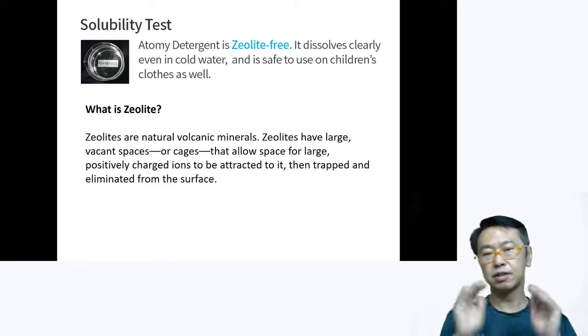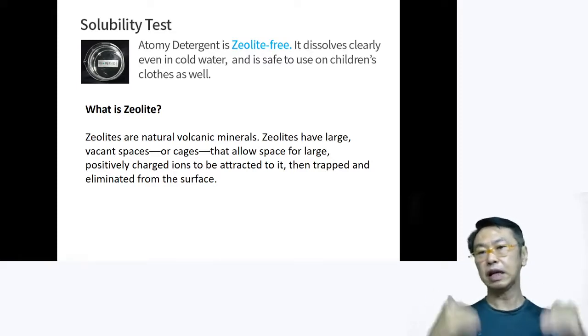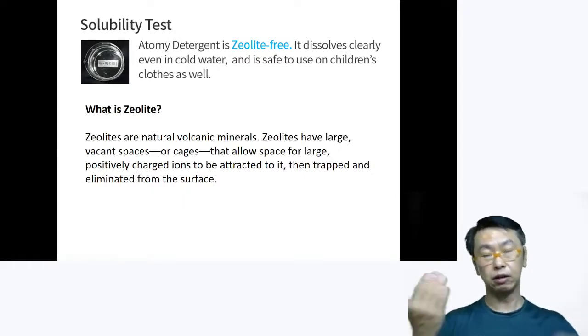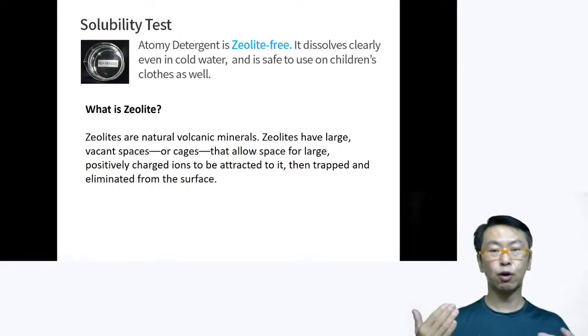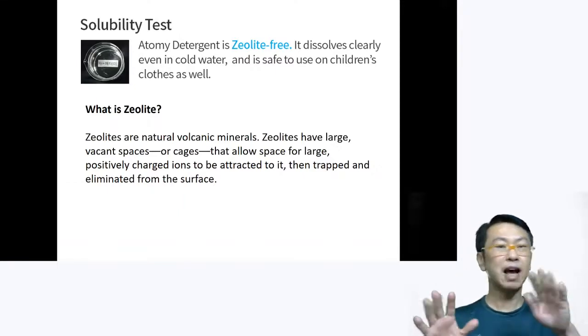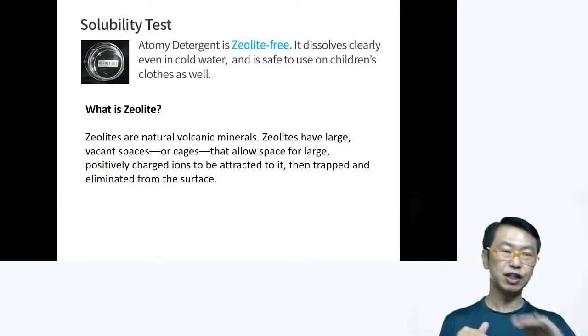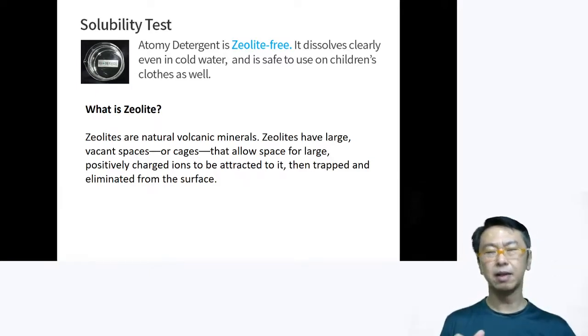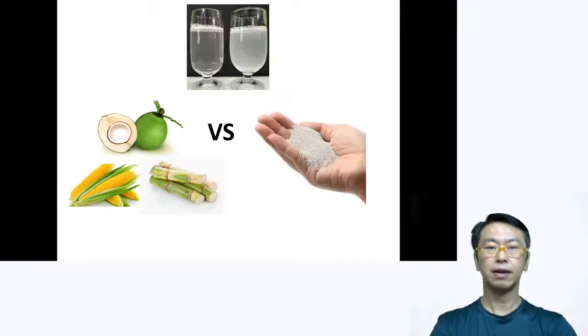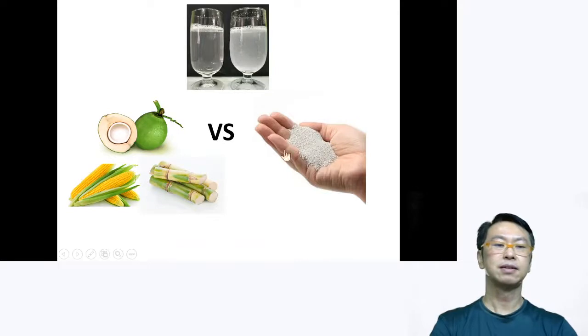Why? Because this will cause a lot of issues as well. If you didn't clean your clothing well, or your machine didn't rinse well, you will always leave this zeolite on the surface. Sometimes the whitish, sand-like bits on black clothing are zeolite.